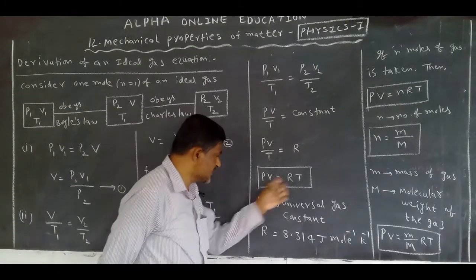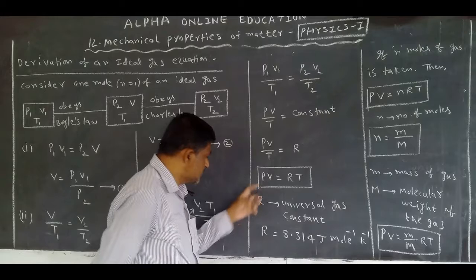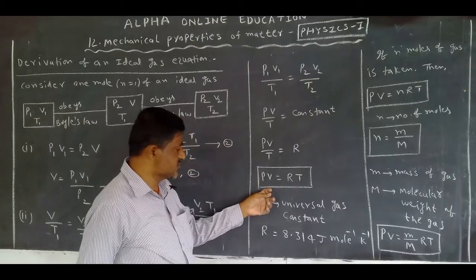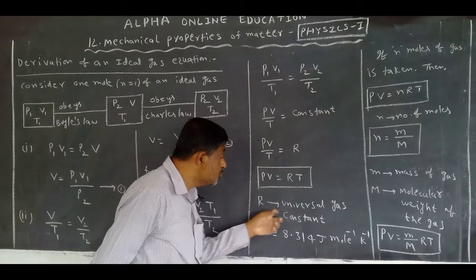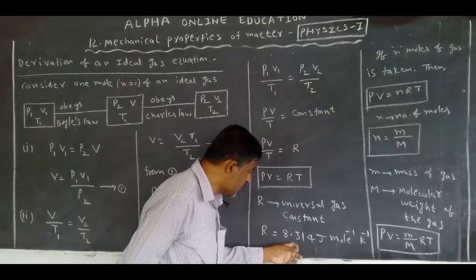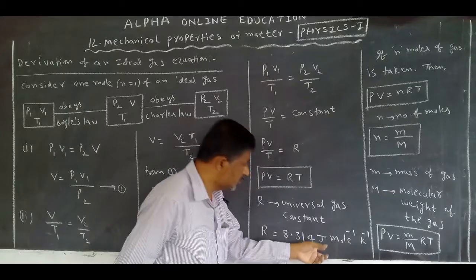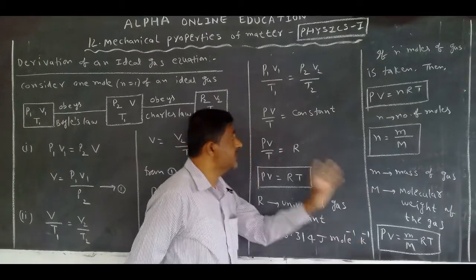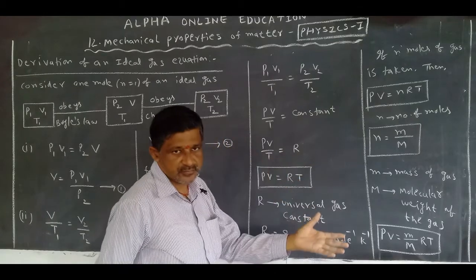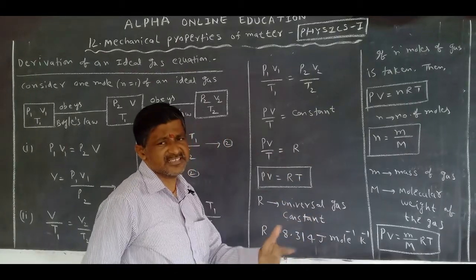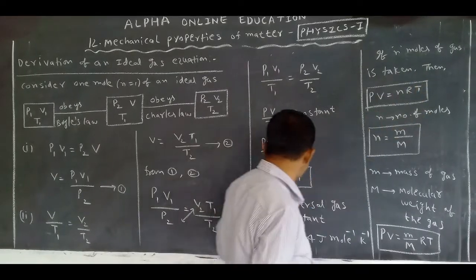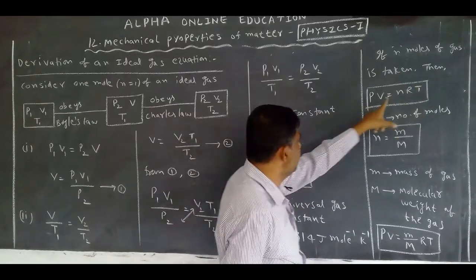In this one, what is the capital R? Universal gas constant. How much is its value? 8.314 joule per mole per kelvin in units. It is for 1 mole. If you take n moles, it means 2, 3, 4, then instead of 1, we can take n.